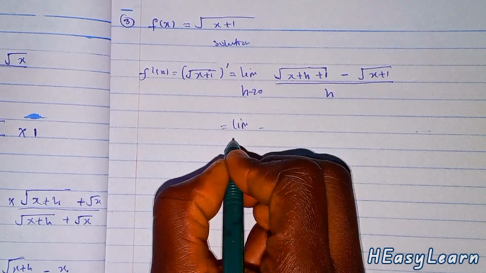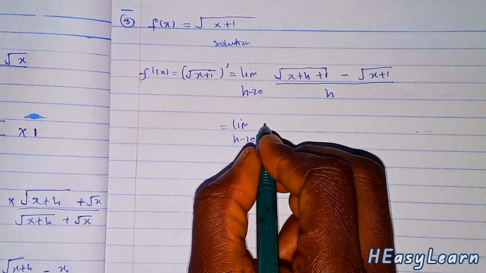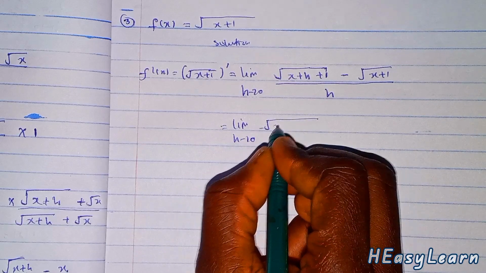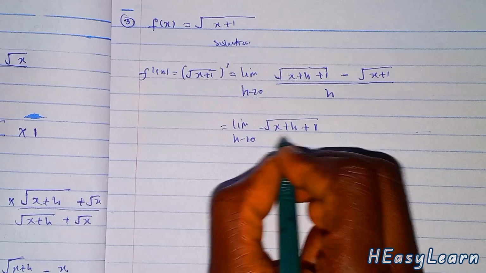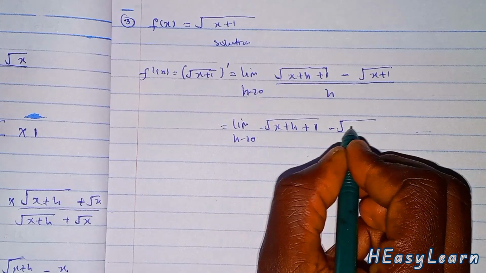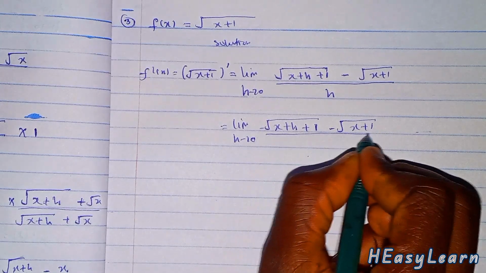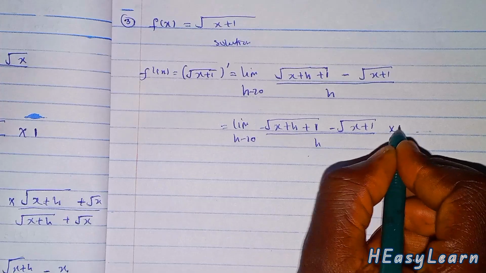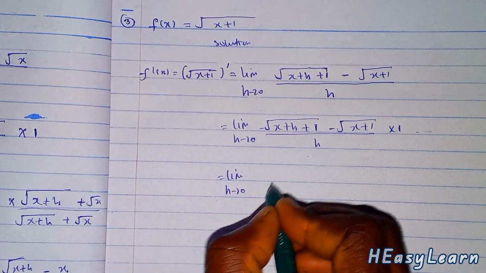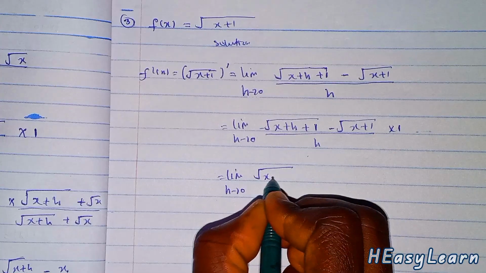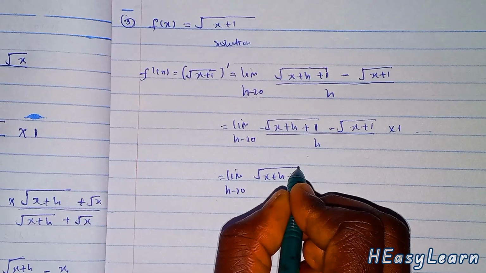Since this function is in square root, the next step is to rationalize by multiplying the numerator and the denominator by a special 1. This one is going to be the rationalization of the numerator because the function is in square root.